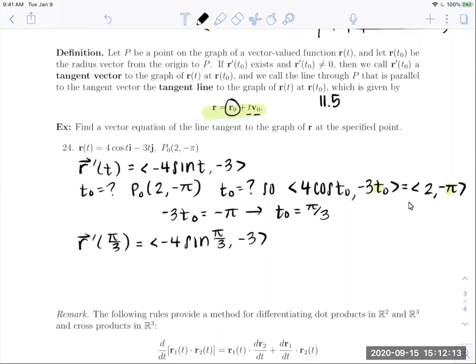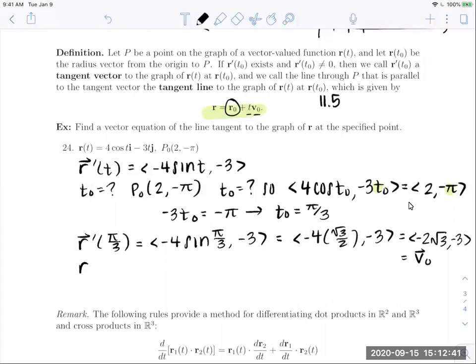All right, so sine of pi over 3 is square root of 3 over 2. And then, of course, we have the constant negative 3. So we're getting negative 2 root 3, comma, negative 3. All right, so this is going to be our vector v naught. This is our tangent vector.